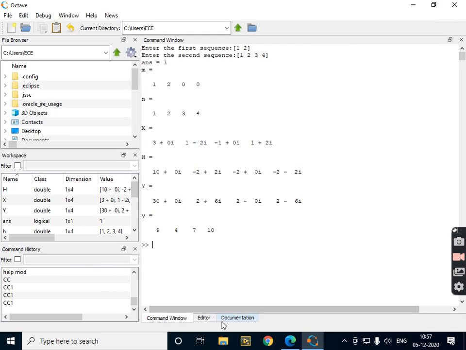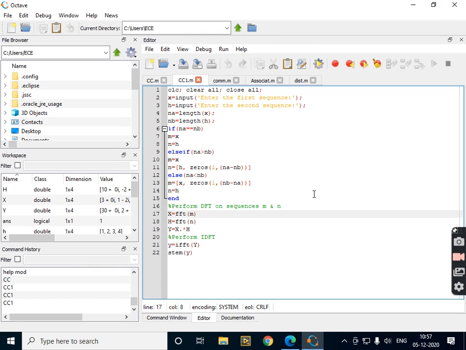So we have implemented circular convolution using the DFT and IDFT method, which checks the length of both the sequences and then accordingly calculates the circular convolution between those two sequences.